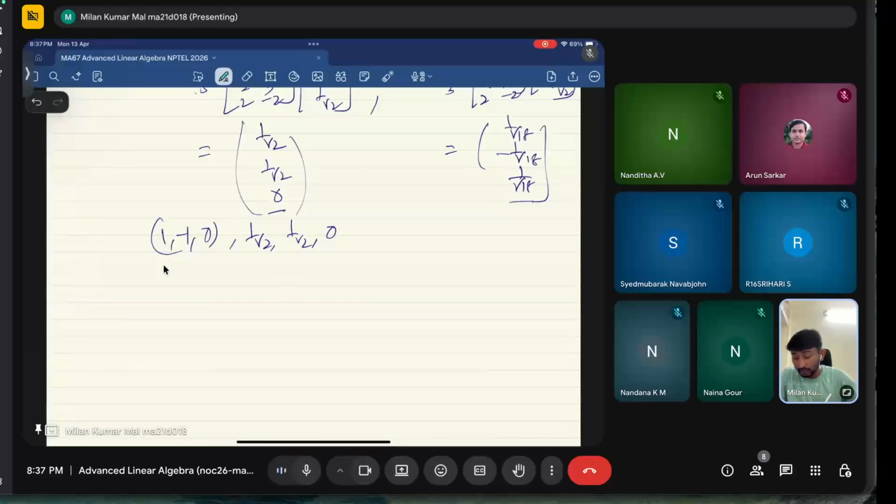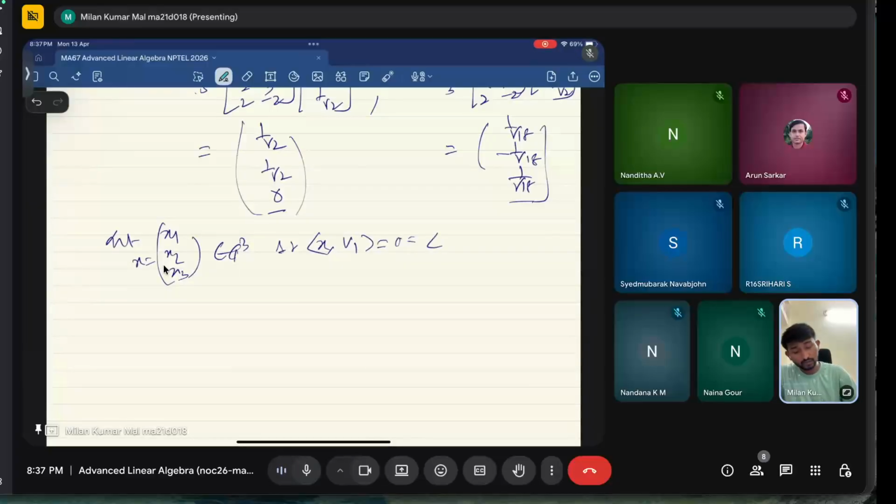I need another vector e3 which is orthogonal to these. Okay, so let me find another vector. Let x1, x2, x3 be a vector in C3 such that the inner product of x with v1 is equal to 0, which is equal to the inner product of x with v2.